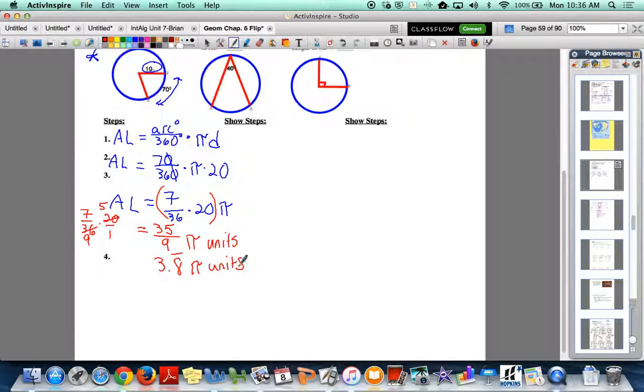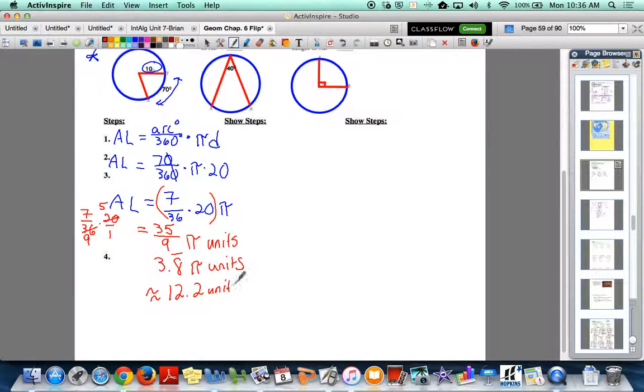And some of you guys are probably still bothered by that. Let's actually multiply that times pi and get an approximated decimal, which is approximately equal to about 12.2 units.